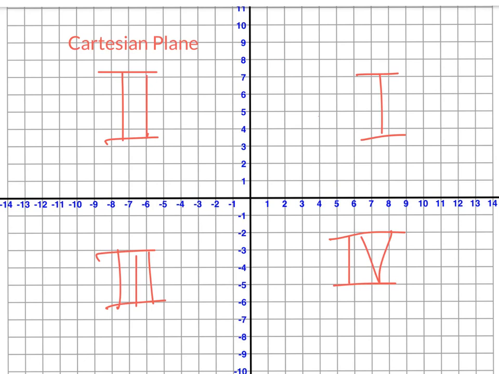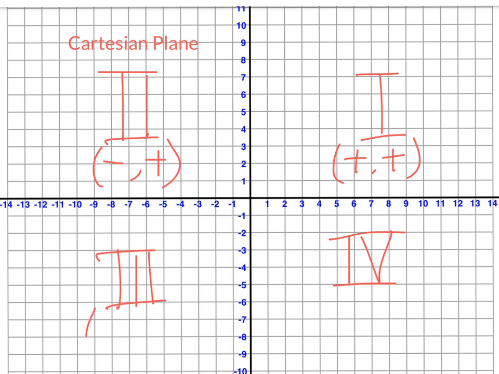Whenever we have an ordered pair that has a positive x value and a positive y value, we know that those coordinates will be inside the first quadrant, or quadrant 1. Over here in quadrant 2, all ordered pairs will have a negative x value and a positive y value.